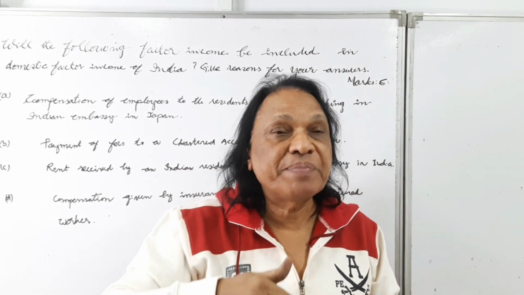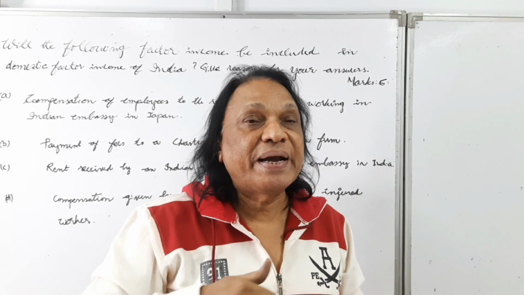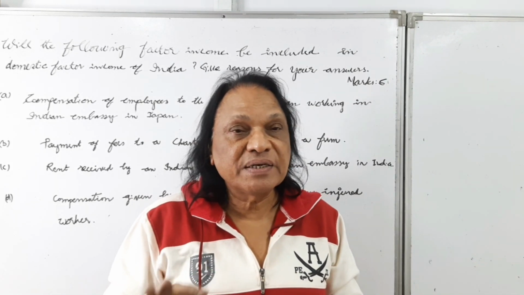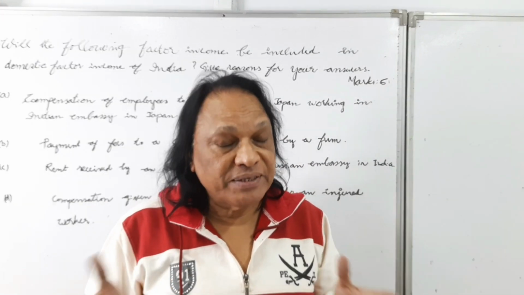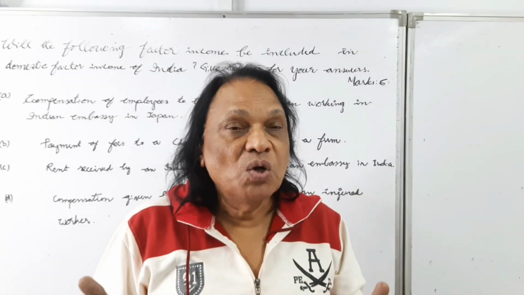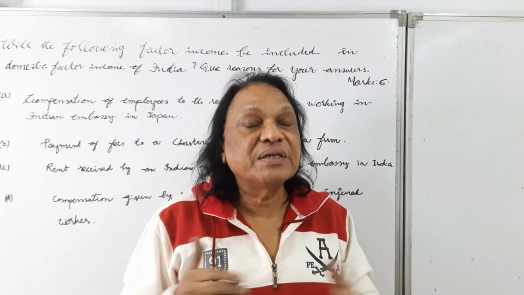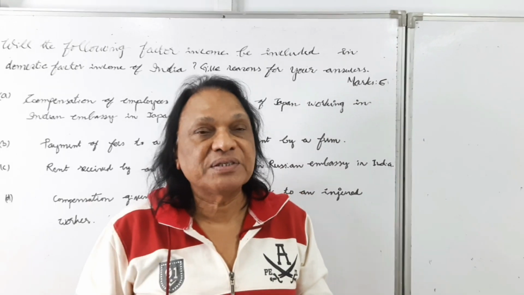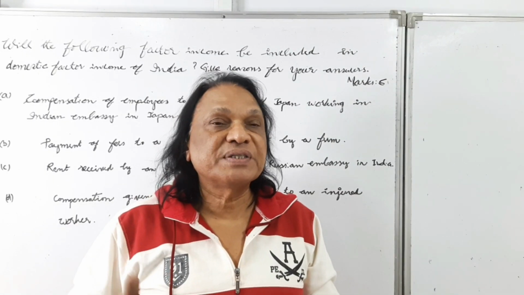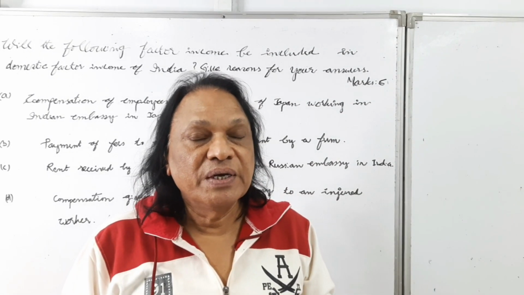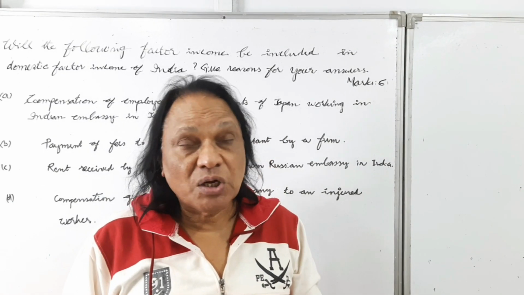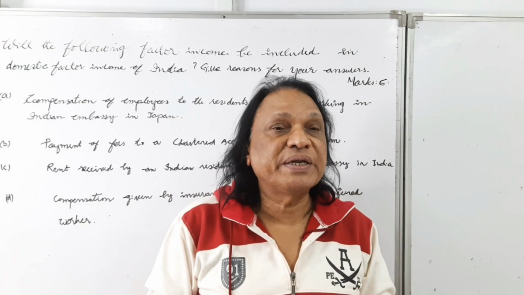Japanese working in an embassy in Japan, should we take their compensation? Yes, it should be included because they are working in the domestic territory of the country, since the embassy is located there. Whether they're Japanese or Indians, anyone working in these embassies is a part of our domestic territory, so it should be taken.